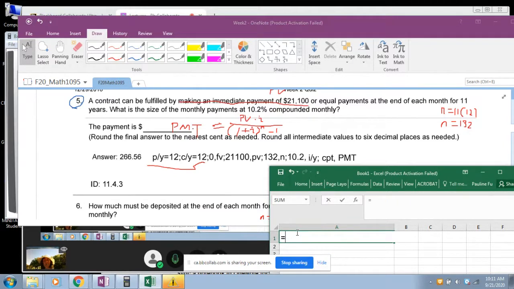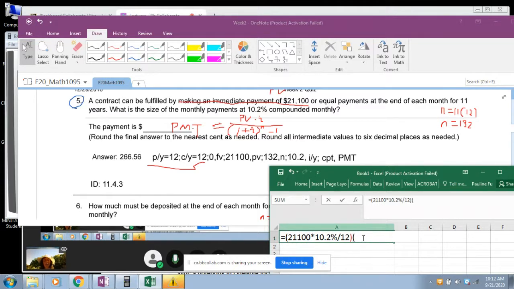Okay, so typing equal PV, present value, 21,100. PV times I is 10.2% compounded monthly divided by 12, and this number is on numerator, so I put a bracket as numerator.